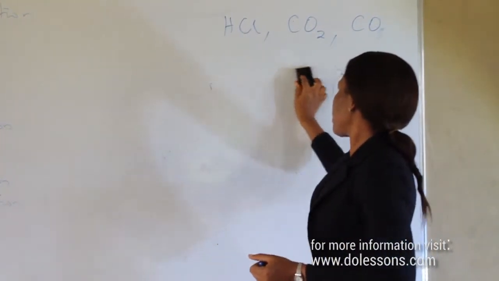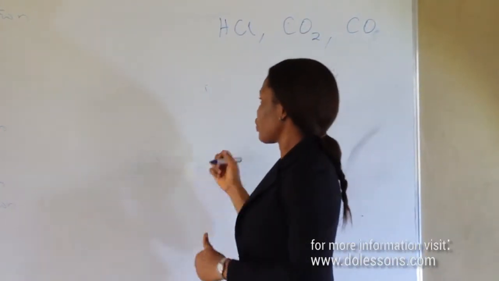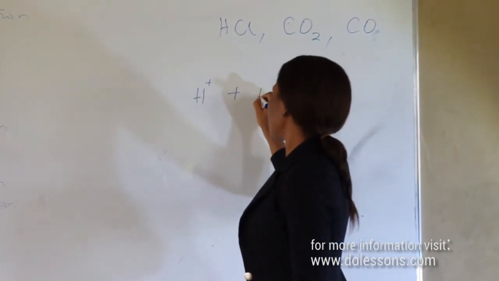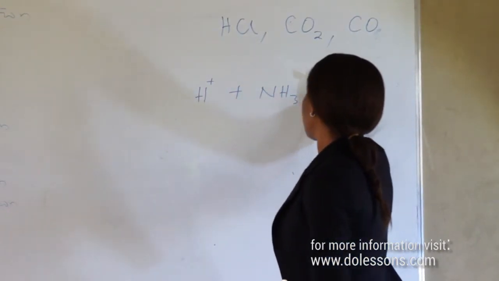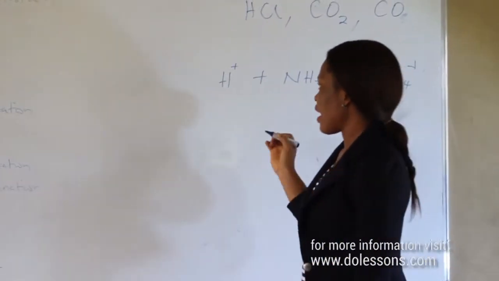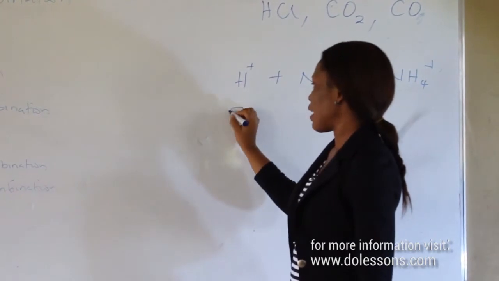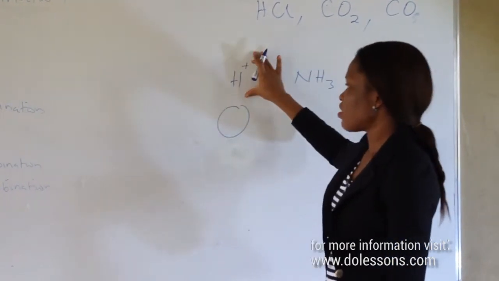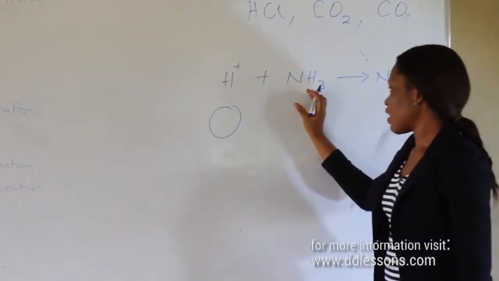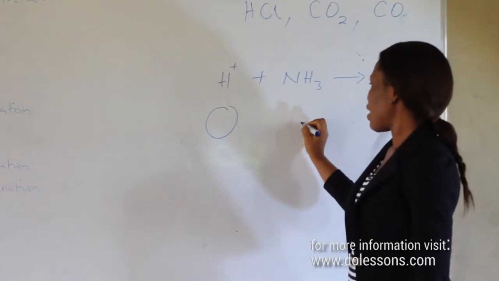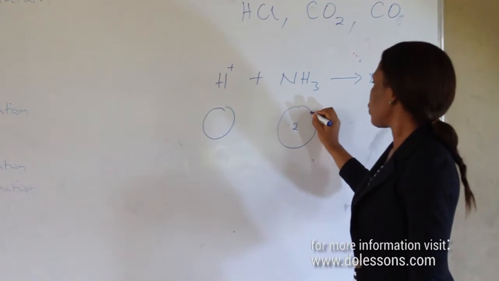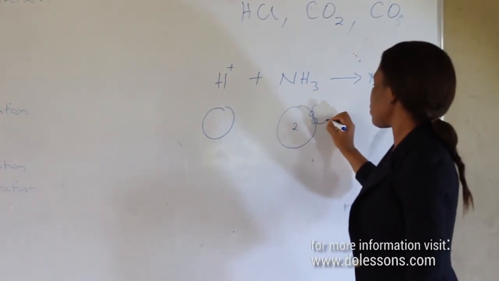Example, in the formation of ammonium ion, hydrogen ion from an acid combines with ammonia gas to form ammonium ion. We all know that hydrogen as an atom usually has 1 electron. So if you are talking about hydrogen ion, it means the shell is virtually empty. Now for ammonia gas, you have nitrogen linked to 3 hydrogen atoms.